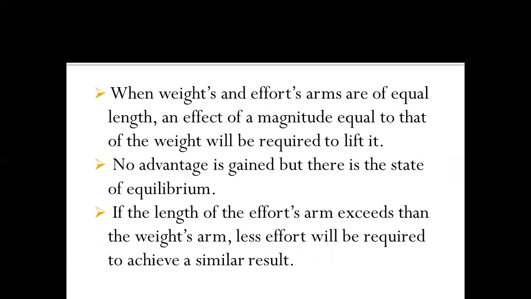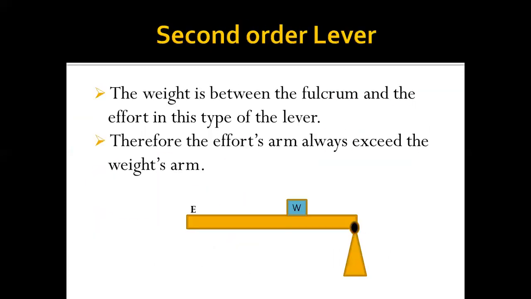If the length of the effort arm exceeds the weight arm, less effort will be required to achieve the similar result. So, as in the second order lever, if the effort arm exceeds the weight arm, then less effort would be required to lift the weight.